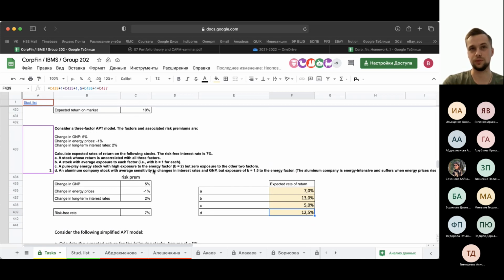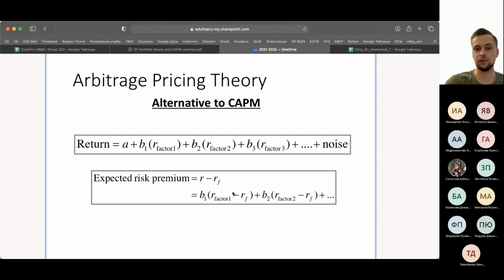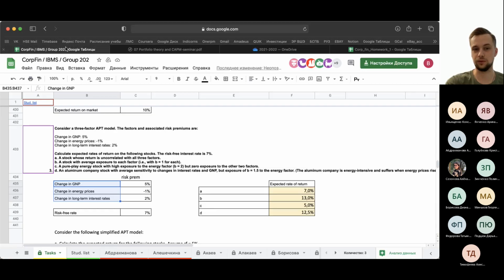If we want to capture the sensitivity of the stocks to some other risk factors, not only market risk, then we can use any risk factors, calculate the risk premiums for every factor, and estimate the expected return of the stock.